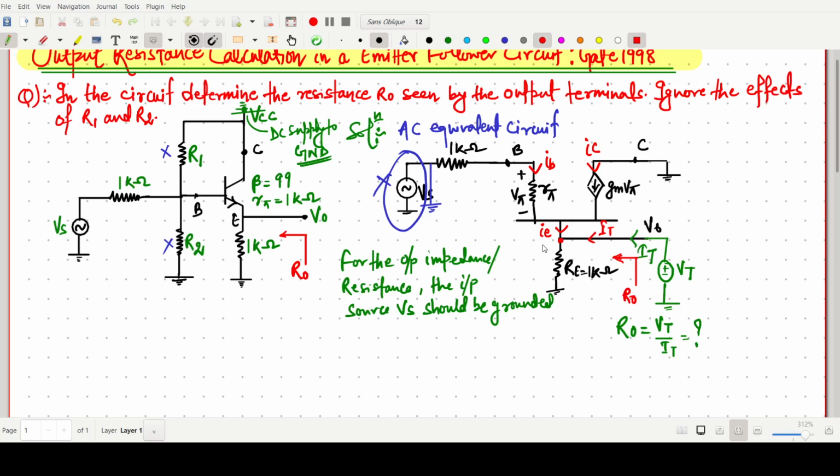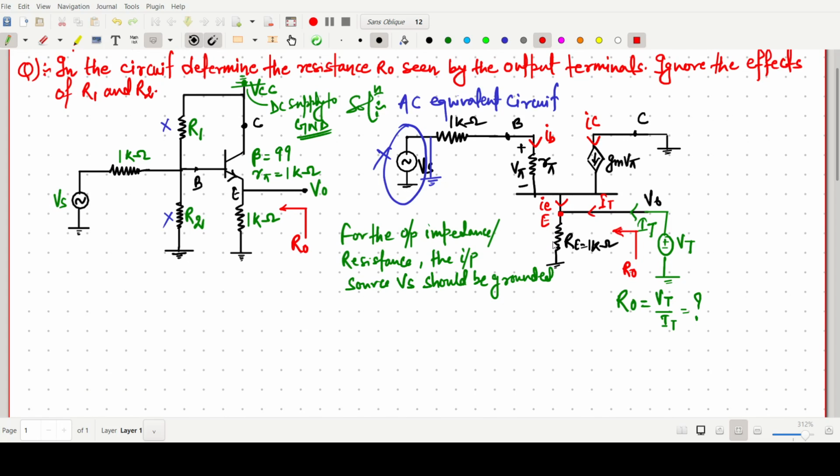If we apply Kirchhoff's current law at point E, total incoming current equals total outgoing.